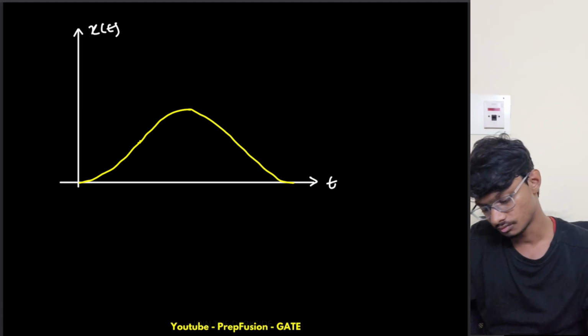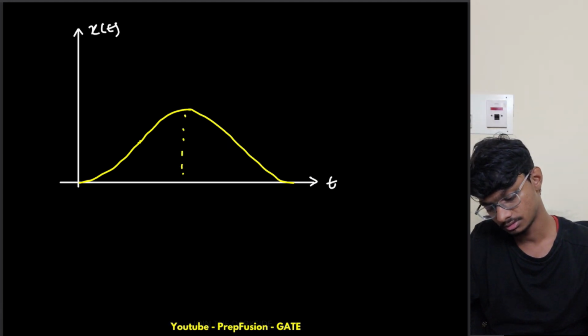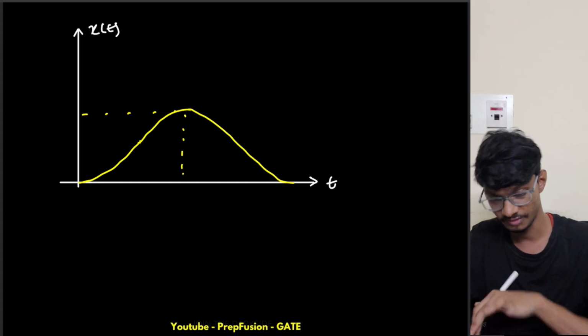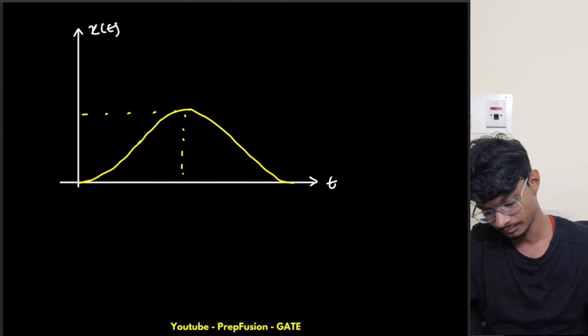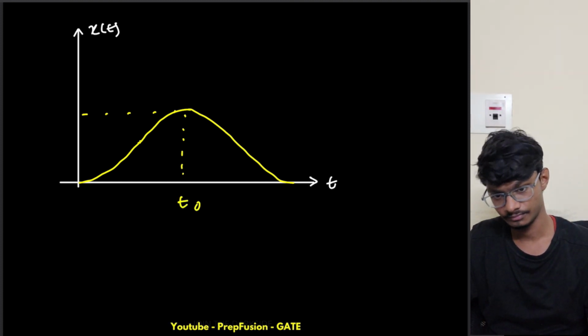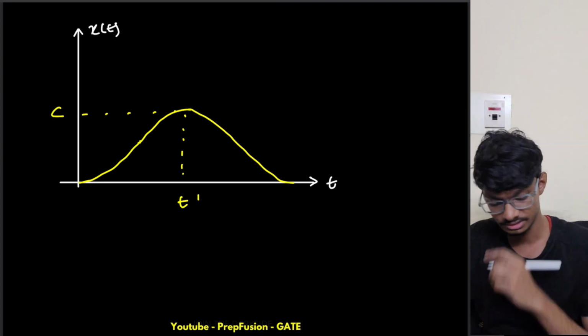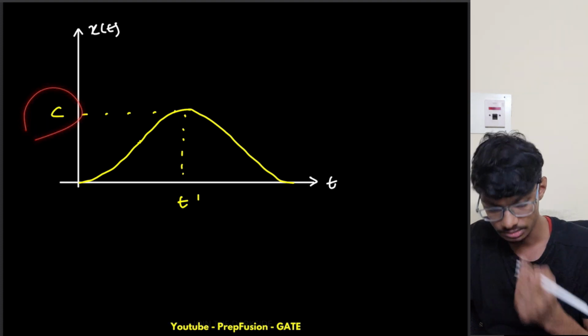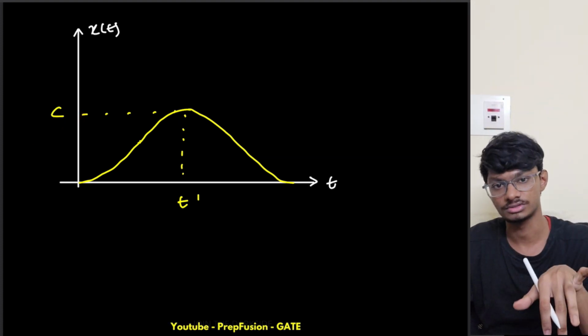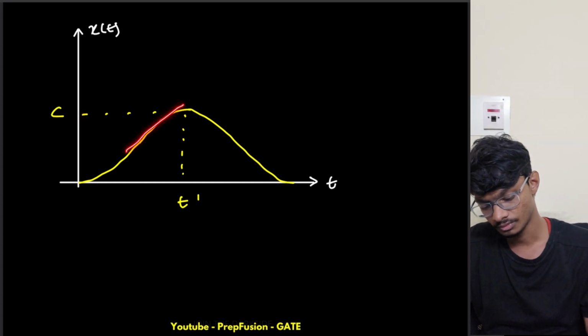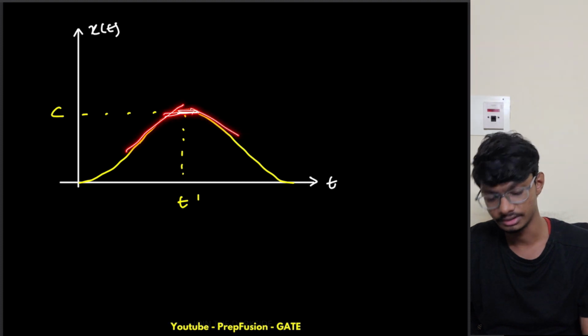So what is happening? The values are increasing, then it is decreasing suddenly. Let's say this is t dash and this is c. So what is the value of x for which this changes? From here the slope is reducing, going to 0, and then the slope is negative.